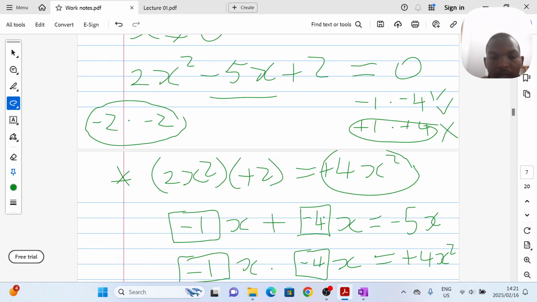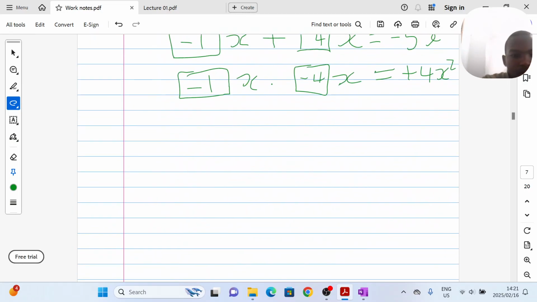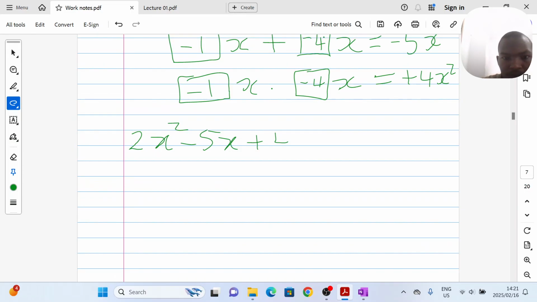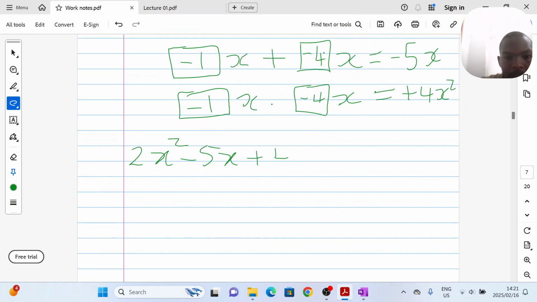Now, how do we proceed forward? Now we say that, okay, 2x squared minus 5x plus 4, is it 4 too? Or plus 2? Plus 2 is equal to 0.